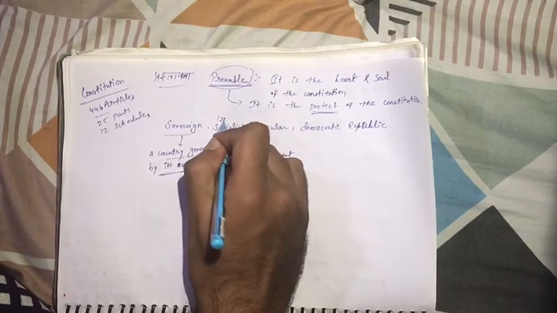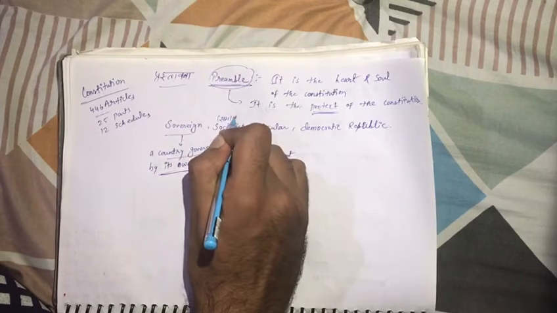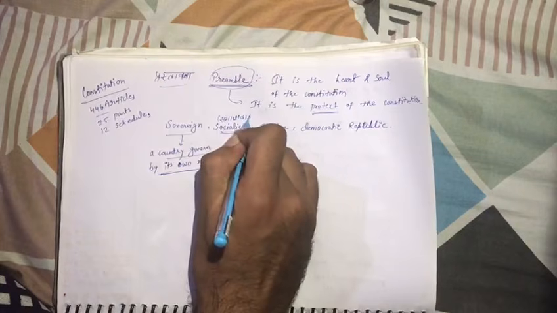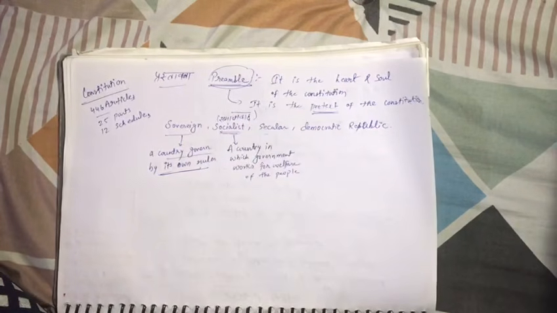Socialist in Hindi we say Samajwad. Now you will say that sir, in every country government works for the welfare of the people, but countries are divided into two parts. Some countries are capitalist, some countries are socialist.